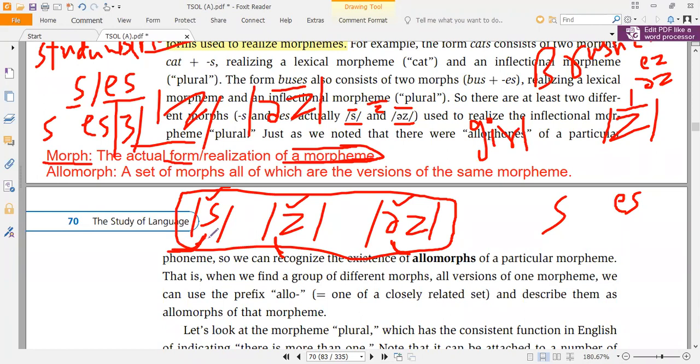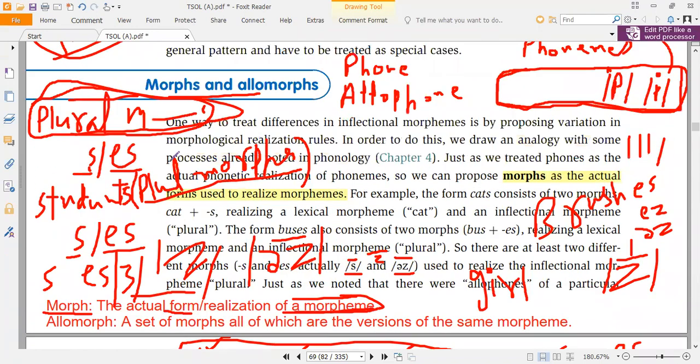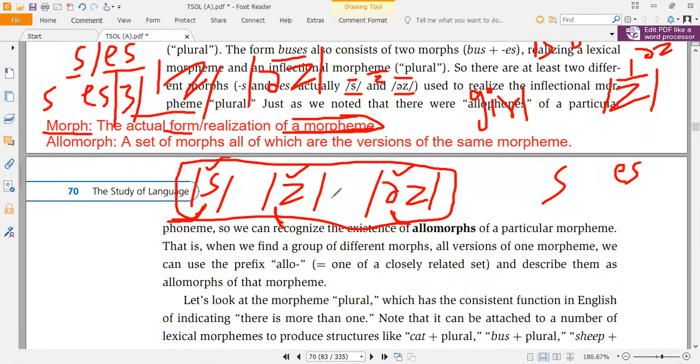It means that all these three morphs are the versions or varieties of the same morpheme, that is the plural morpheme. Isn't it so? Look at this now. These morphs are the versions of the same morpheme, which is a plural morpheme.